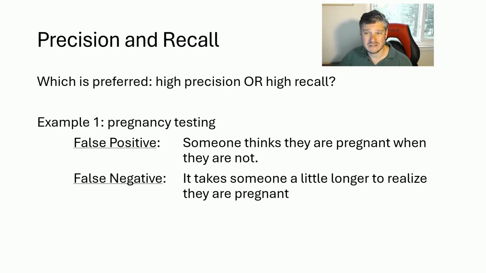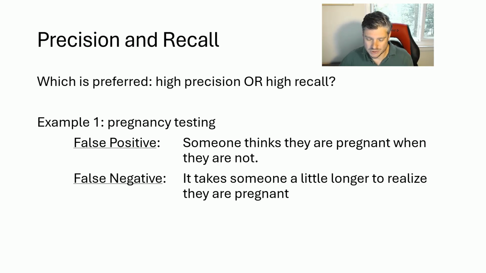A false negative would mean it just takes someone a little bit longer to realize that they're pregnant. And again, you're probably going to eventually realize that you're pregnant. You're going to miss your period. You'll start getting bigger. You'll have morning sickness. There's a lot of other symptoms, and you might realize you're pregnant just a little bit later. But typically, that's not a bad thing.